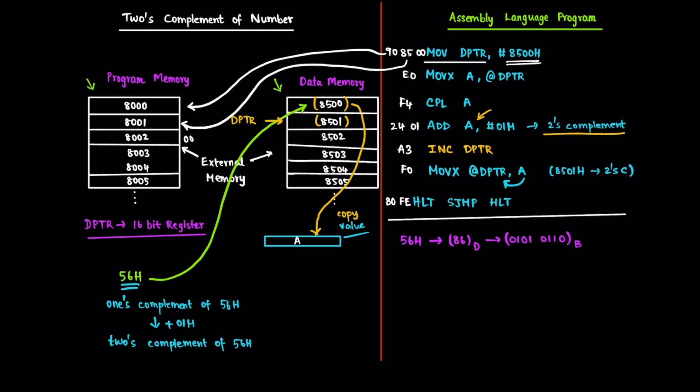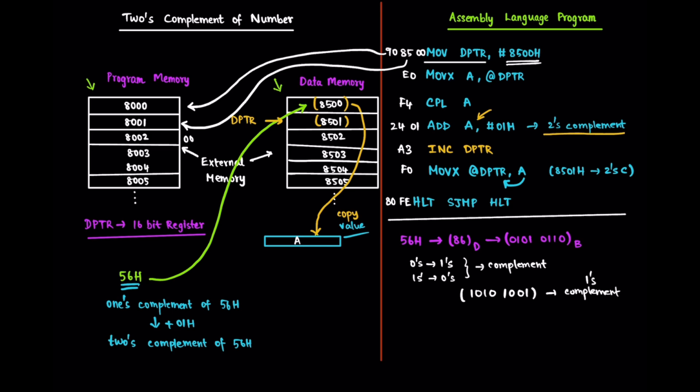Now to find the complement, we are going to switch all the zeros to ones and ones to zeros. If we do that, we are going to get 1010 1001. This is the ones complement.